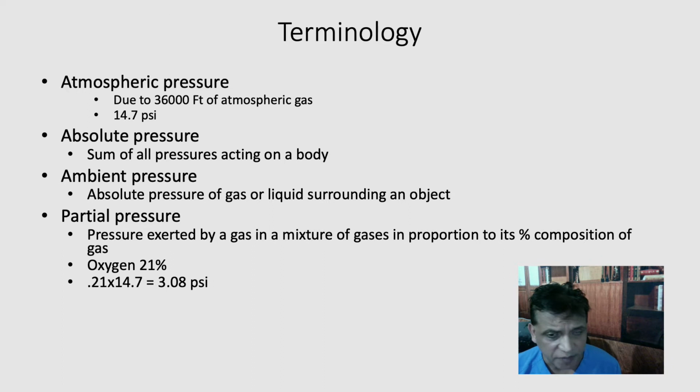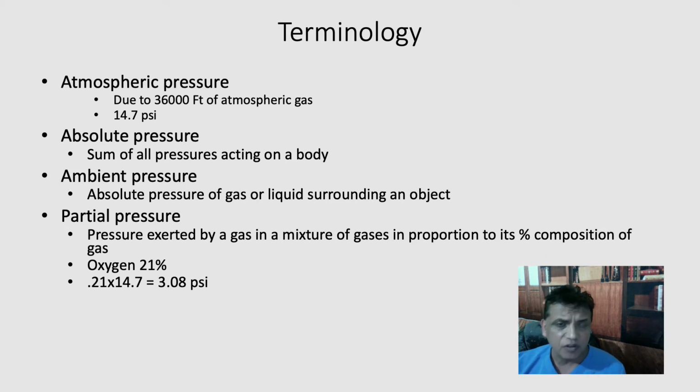So in summary, atmospheric pressure due to the weight of atmospheric gases, which extend approximately 36,000 feet above sea level, is approximately 14.7 pounds per square inch.